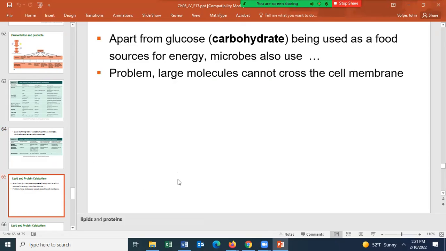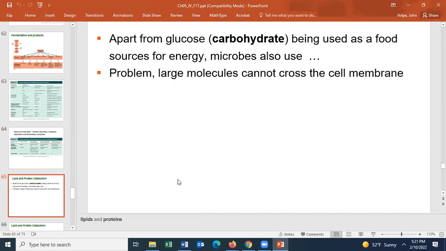All right. So we've talked about the catabolism of glucose or some other carbohydrate, which is used as the food source for organisms to catabolize to generate ATP.